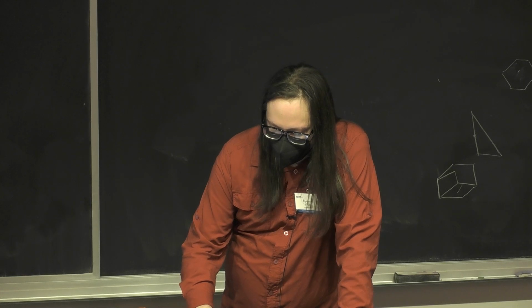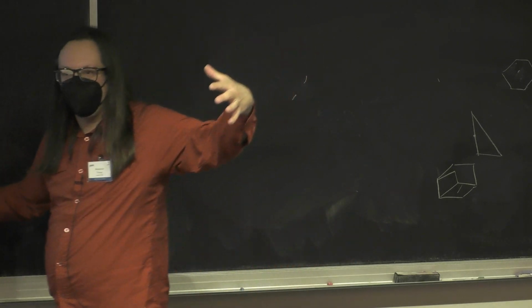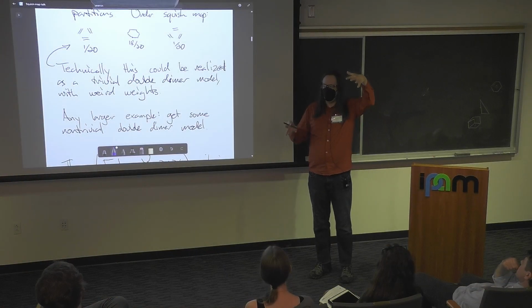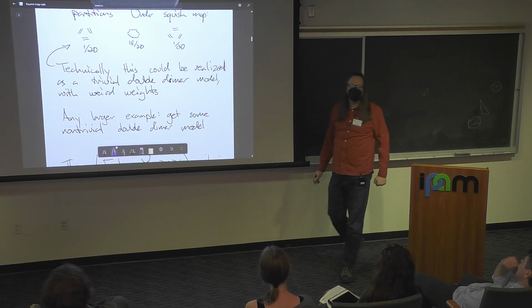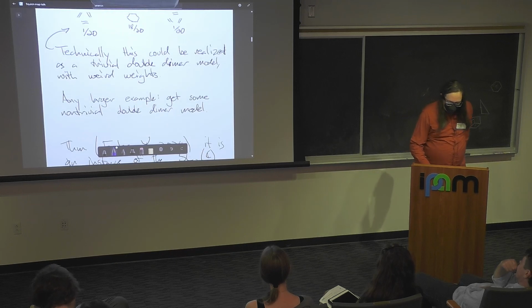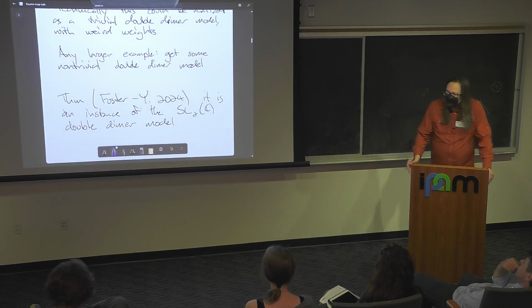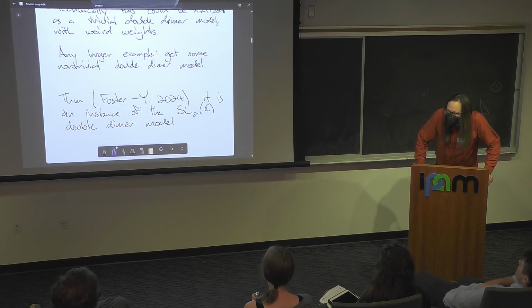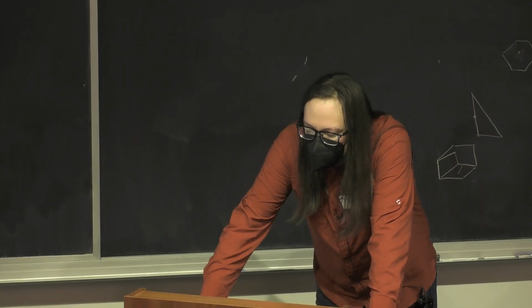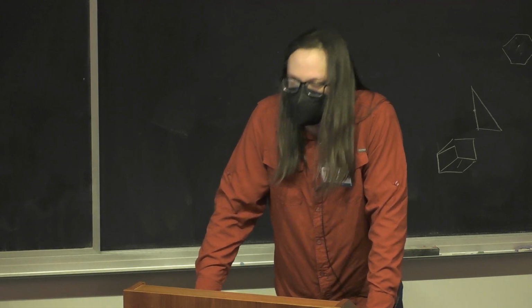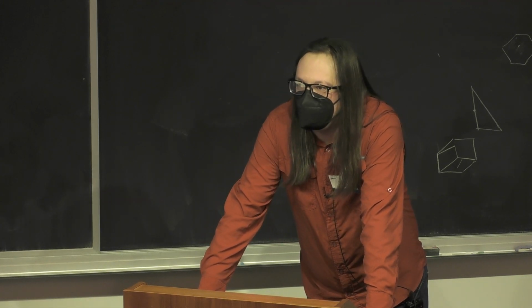If you try and squish anything larger, you get a quite non-trivial double dimer configuration. It's not just 2 independent copies of a single dimer configuration. So I would say the main theorem from our paper is that what you get is an instance of this SL2C double dimer model of Rick Kenyon's.